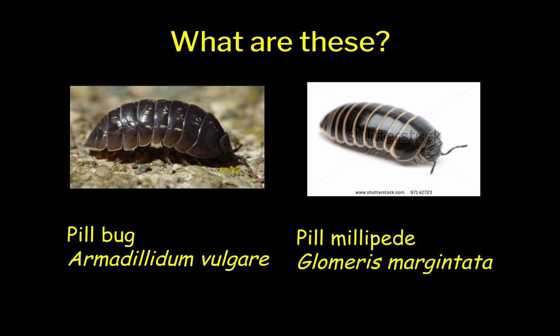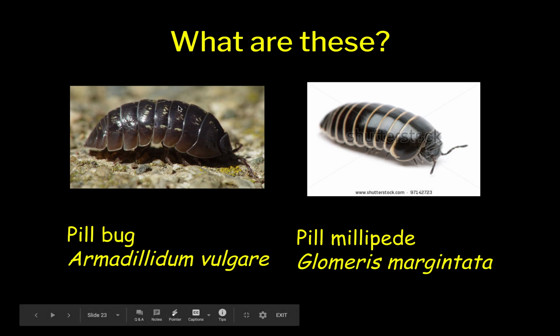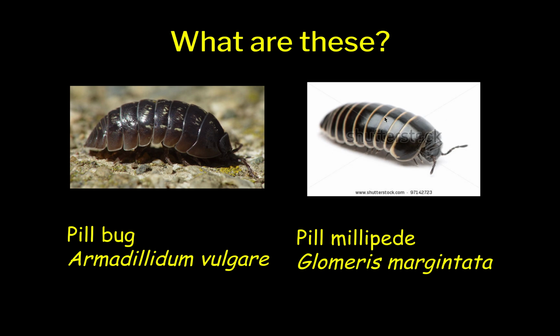Another example is these two individuals: a pill bug is actually a crustacean, related to crabs, and a millipede would be more related to insects, even though they look very similar. They do similar things, but they are not related to each other.